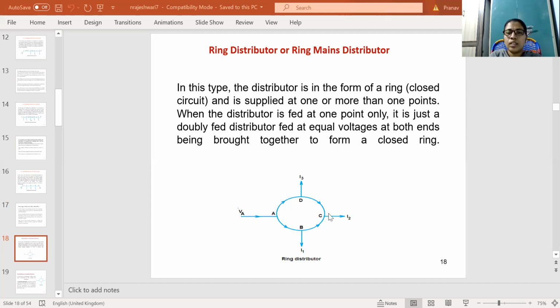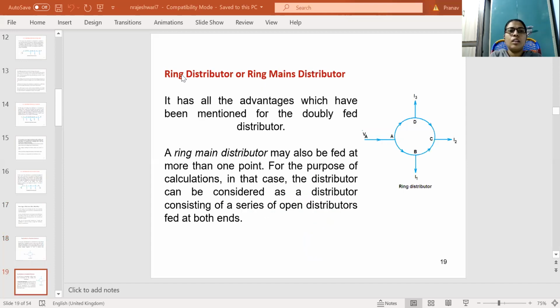These are the loads I3, I1, and I2 at points C, B, and D. This is the ring shaped or ring main distributor. It has all the advantages mentioned for the doubly fed distributor.